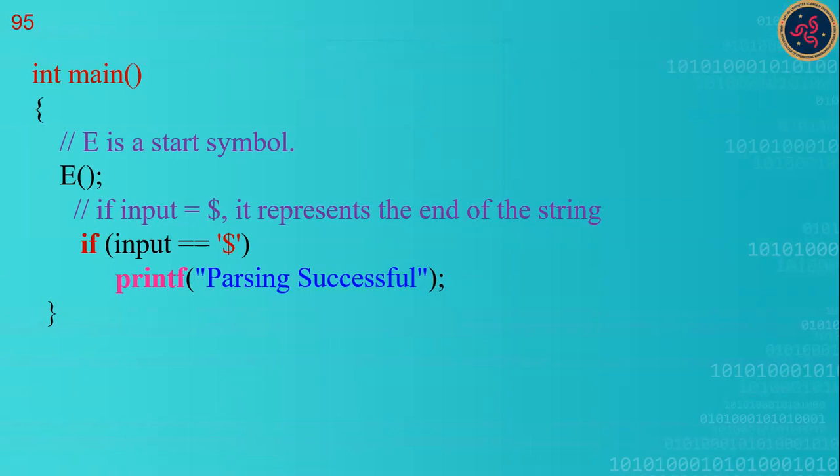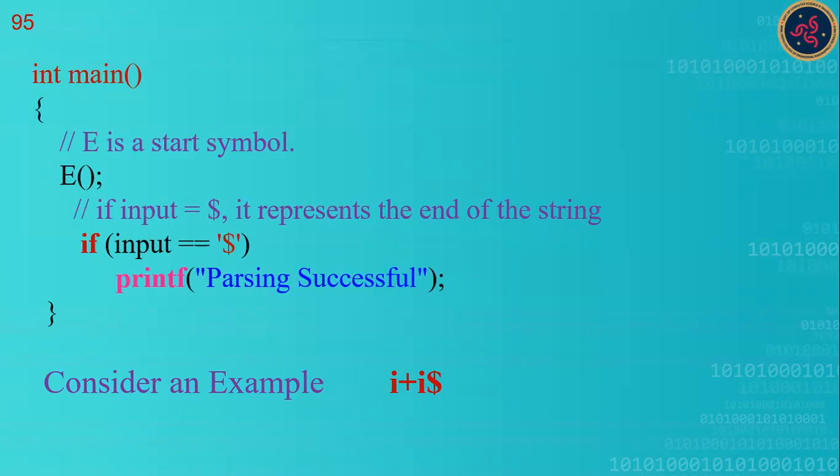Okay, so now we can consider an example that is I plus I, and this input string is ended by using a dollar symbol. So when you are given I plus I, you can start with a main function.